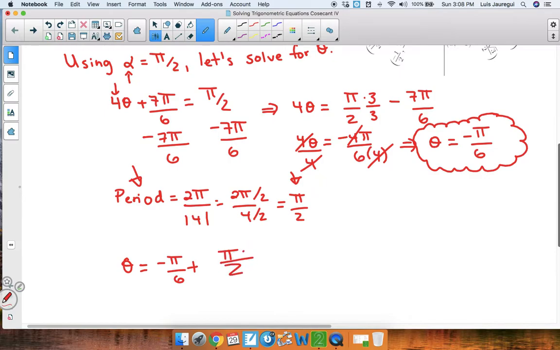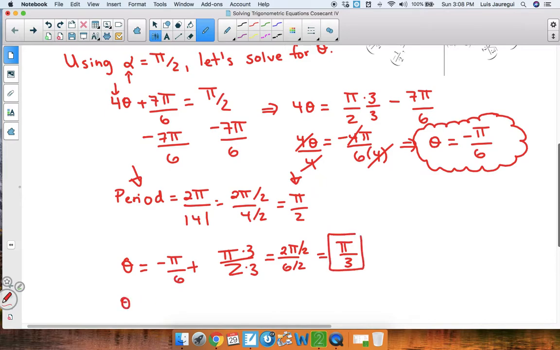Let's multiply this one by 3 over 3 to get the common denominator, and you have negative 1 plus 3 becomes positive 2, and then you have the pi divided by 6. Let's simplify this by dividing both numerator and denominator by 2, and you get that theta could be pi over 3. So that's your first value for theta.